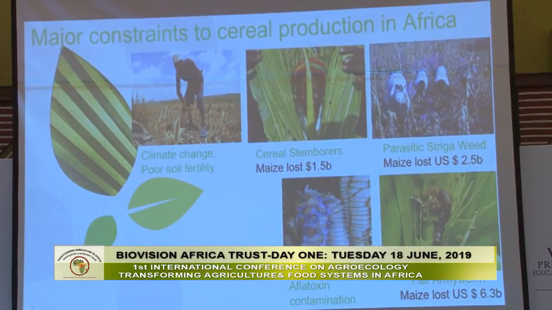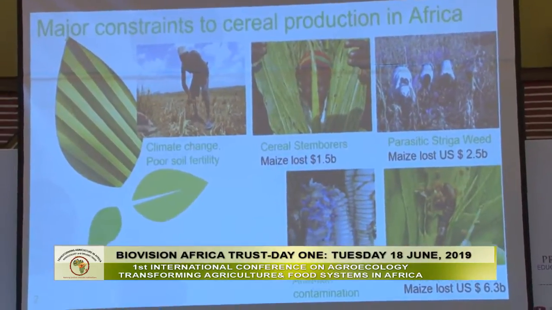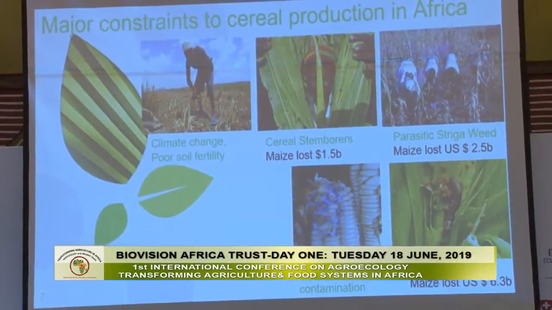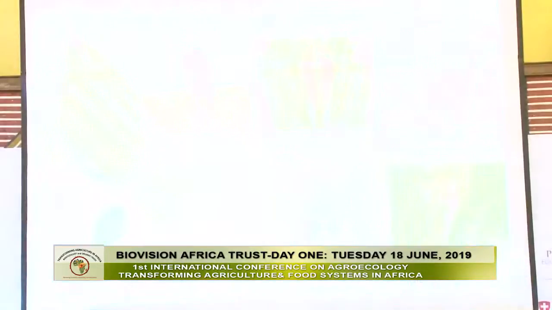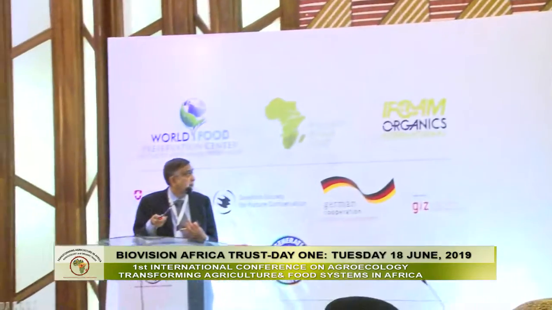And then there is climate change and poor soil fertility. So how can we solve all these problems in one go and let the resource-poor farmer not apply any pesticide, not apply any fertilizer, but still achieve a good yield? That was the aim of developing this push-pull technology.